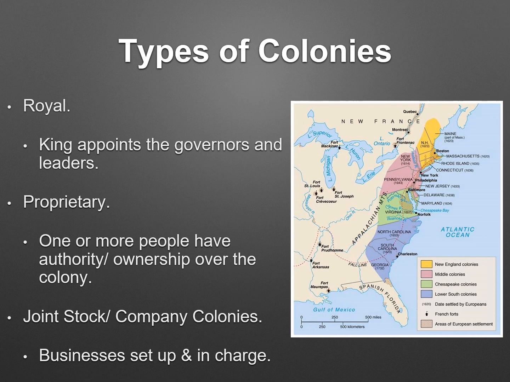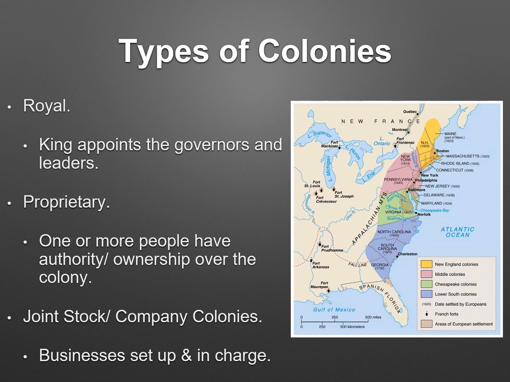The final group is going to be your joint stock and your company colonies. The Dutch were really good at this. This was a business where you set up just to trade, just to make money, just to expand, and that really is it, do business. This is where you're going to see a lot of money being made pretty quickly.